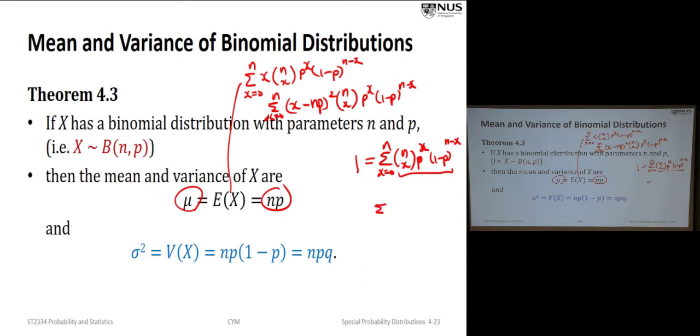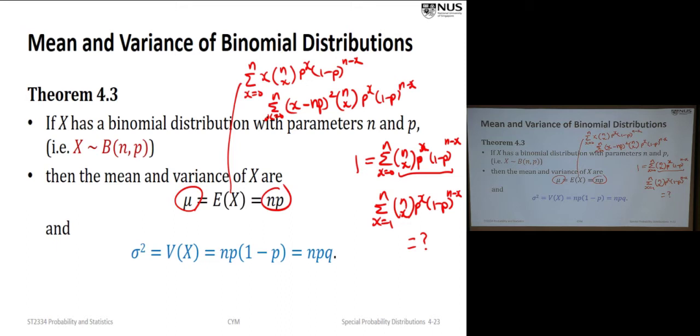Then, just a sidetrack. What is this? Is it equal to 1, or is it equal to something else? It's very simple. For this one, you add one more term, then it's equal to 1, the whole thing will be equal to 1. What term do you add? x equal to 0.